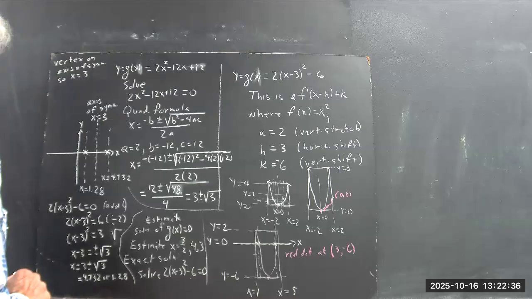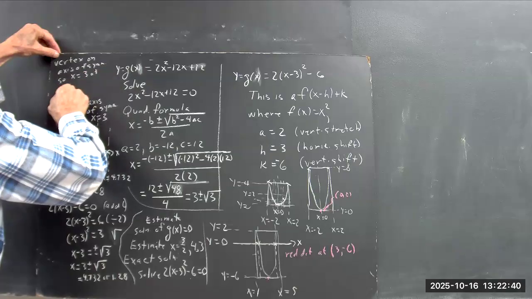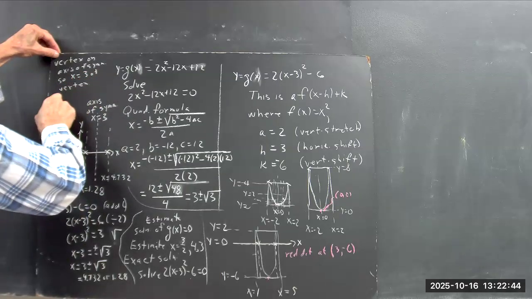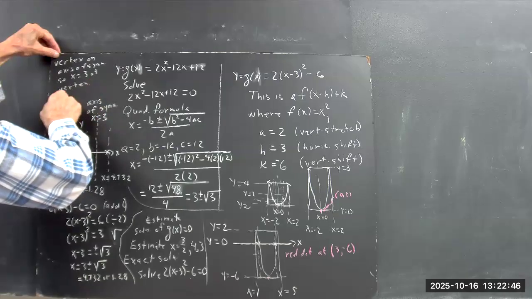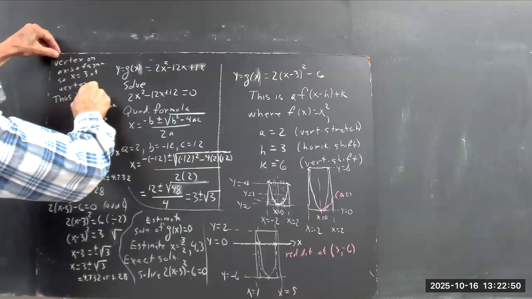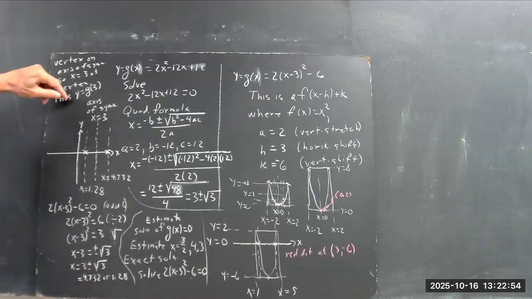So x equals 3 at the vertex. Thus, y equals g of 3 at the vertex.